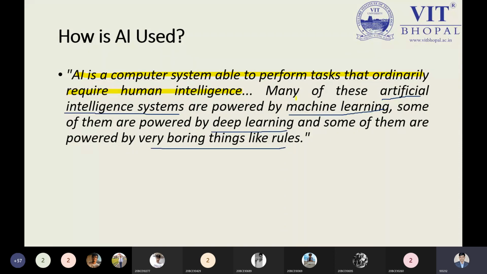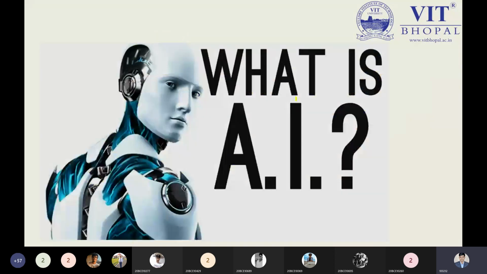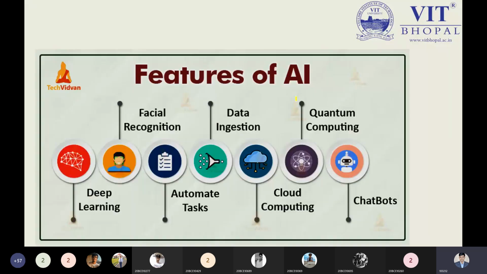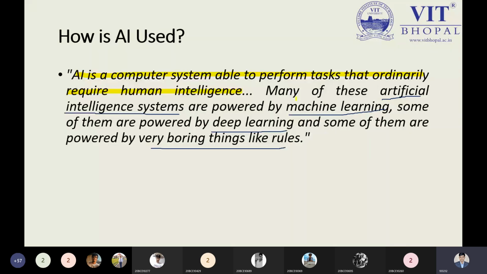So what we have covered so far: we have seen what AI is and what its features are in our society, and the features we have in our pocket, and how we can use AI. AI can be used through rules, algorithms, techniques and methods in the form of machine learning, deep learning, or some different kind of learning.